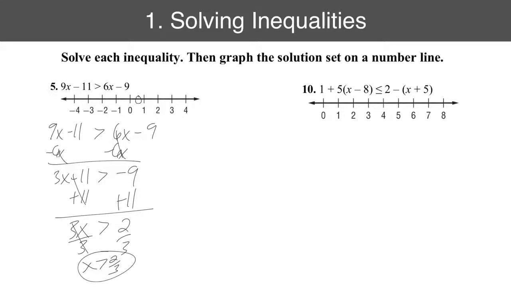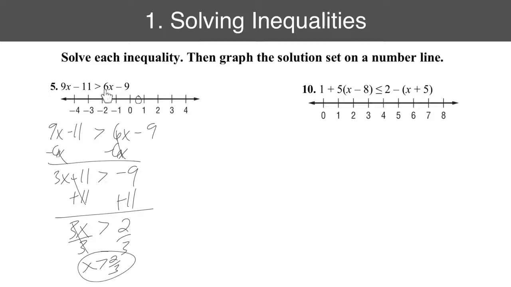Now, you were taught in junior high to follow the direction of the arrow, and there's nothing wrong with that. Whatever way that arrow is pointing, you shade in that direction, as long as the variable is on the left side. If the variable is not on the left side, you cannot do that. You'll actually be doing it backwards. Another way you can do it is just pick a direction. It's a 50-50 shot. So just pick a direction and then see if it's true.